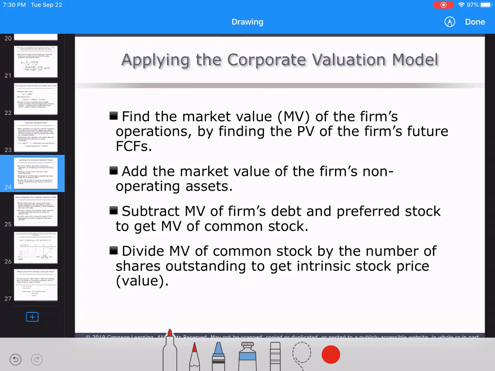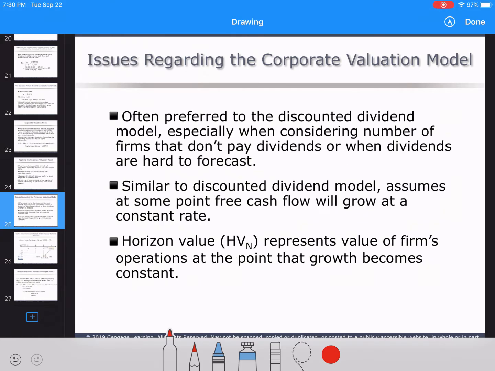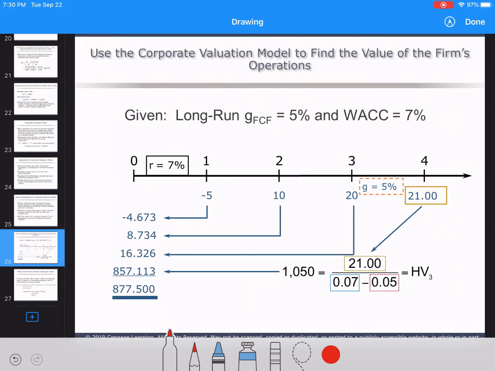So what we will do, we'll apply this FCF model. Remember in a dividend discount model, we had this constant part, and here we call that part horizon value. Okay, so things will be clear.